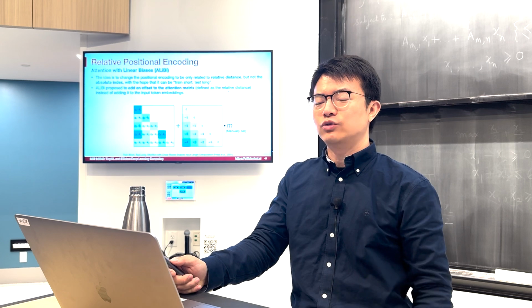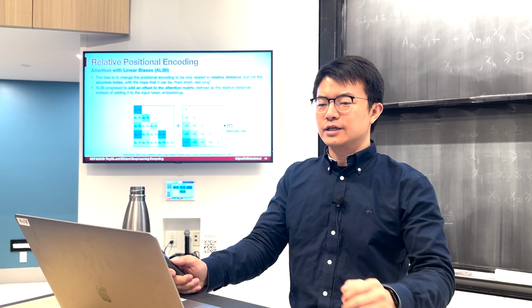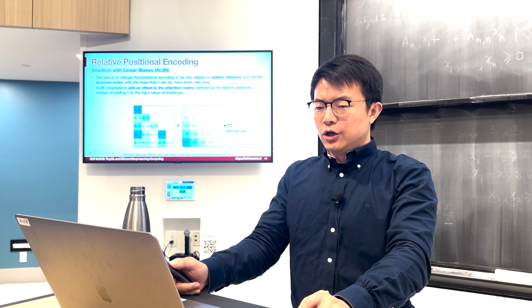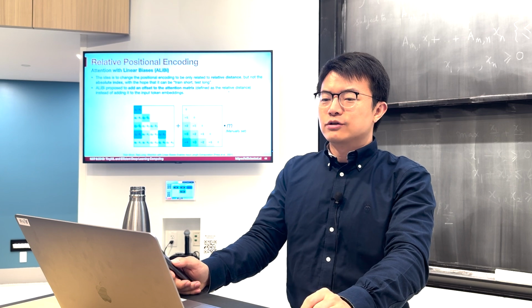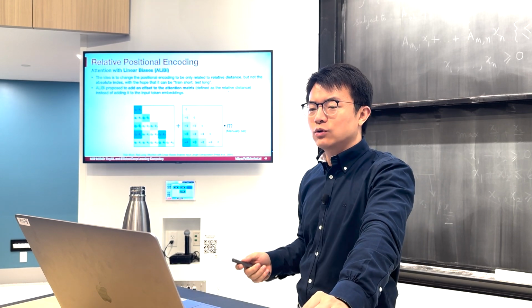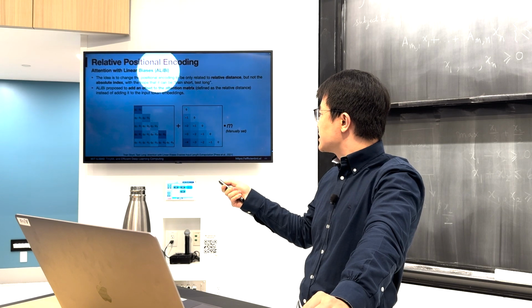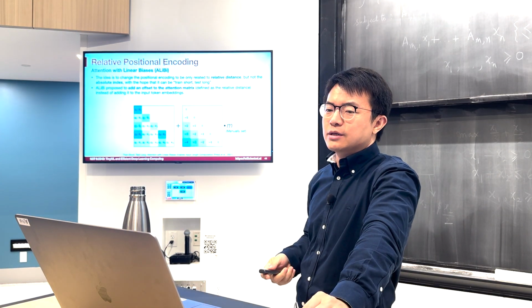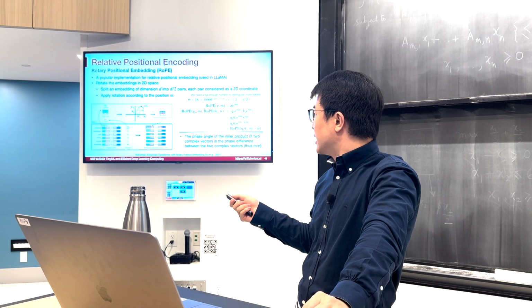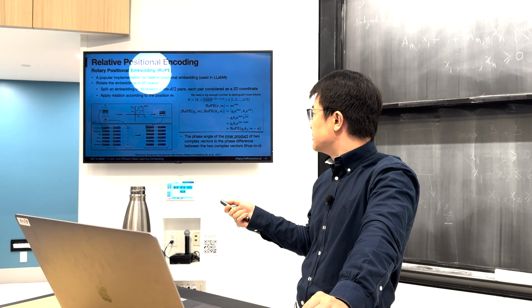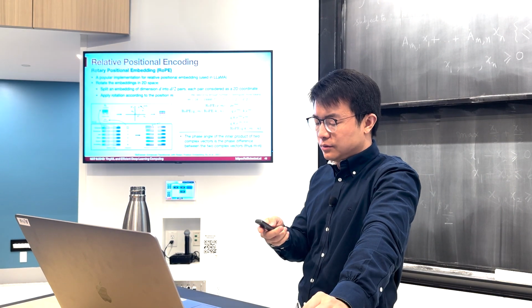It's very easy to extrapolate to long context at inference time. So we'll introduce two kinds of relative positional encoding. One is attention with linear biases, the ALiBi positional encoding. The other is the rotary positional embedding, which is RoPE.